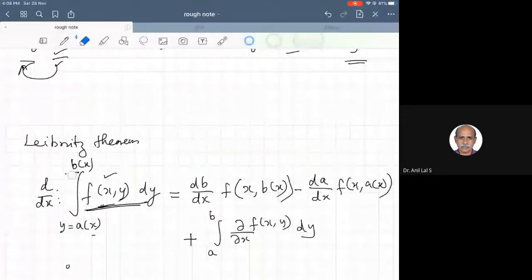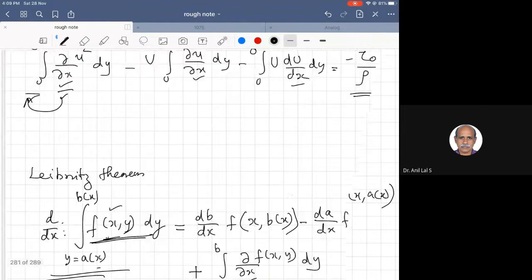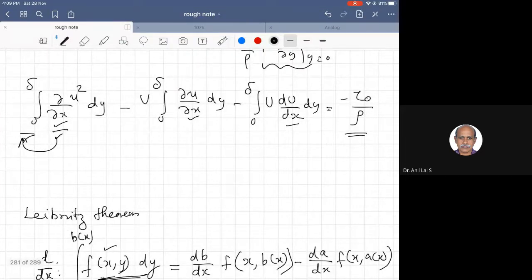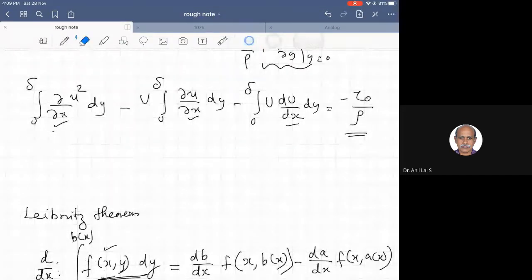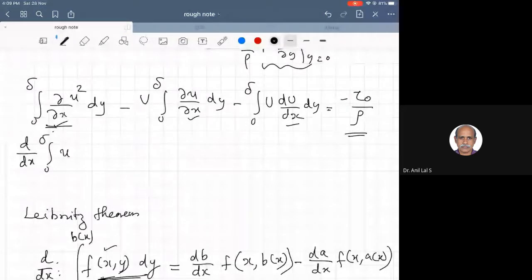Now that we are having terms like this, I want to make them into terms like this. Here differentiation is inside, integration is outside. I want to make integration inside and differentiation outside. So we will write d by dx of the integral 0 to delta of u squared dy.